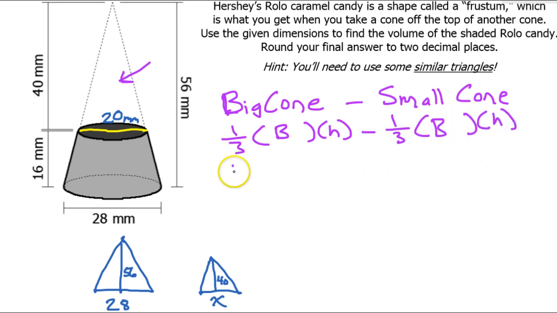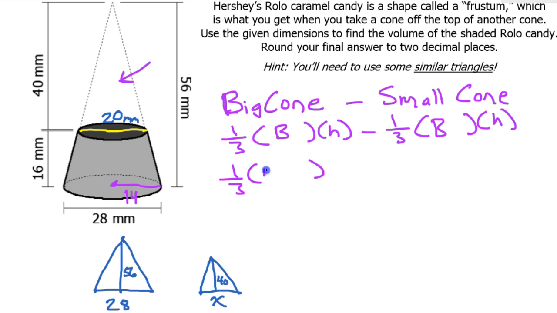So I'm going to have 1/3. Now the area of the base for the large cone, we're talking pi r squared. The radius for the large cone is half of 28, so that's 14.